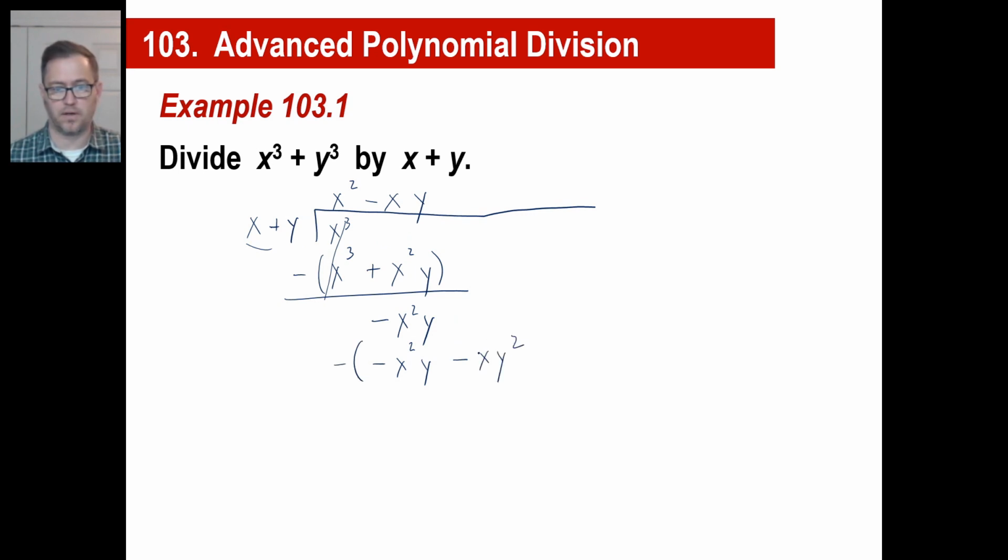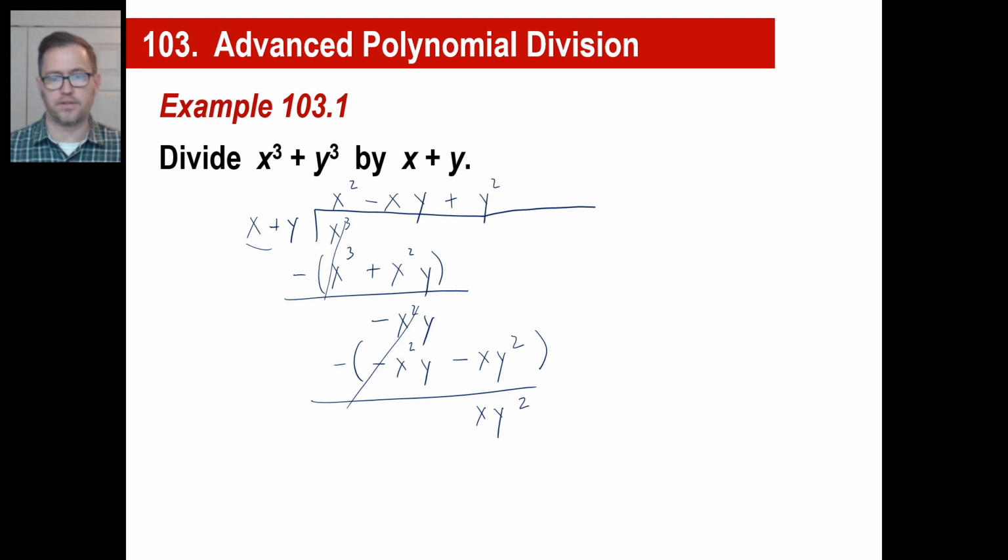And we'll subtract that whole thing. Of course, this always goes away. Then the opposite of negative xy squared is just positive xy squared, right? Okay, how about that? All right, we are now going to divide x into xy squared, and x into xy squared gives us just simply y squared, right?